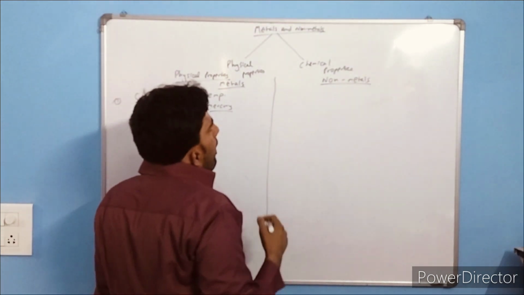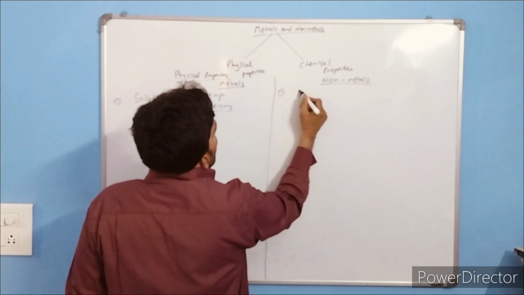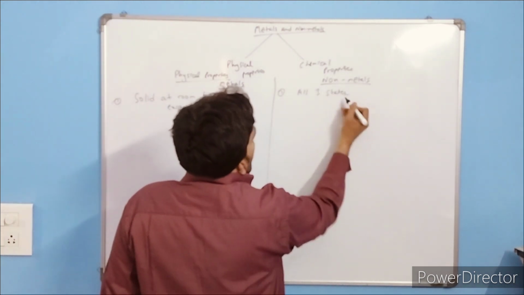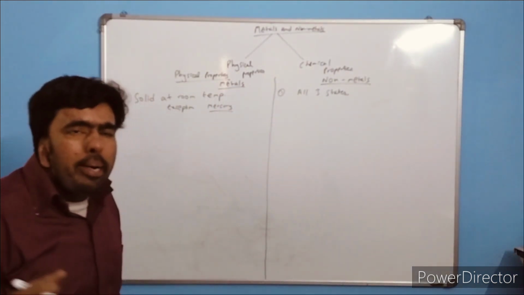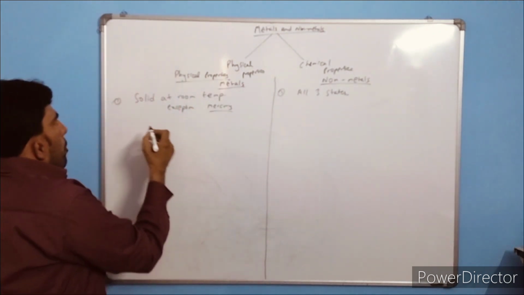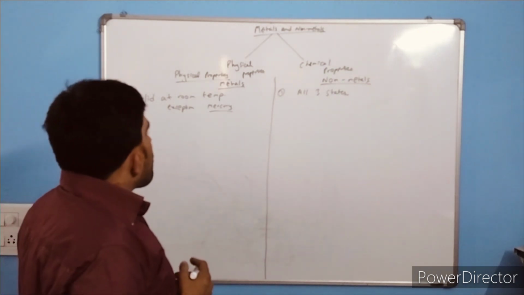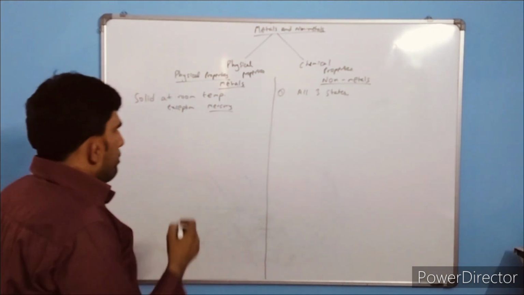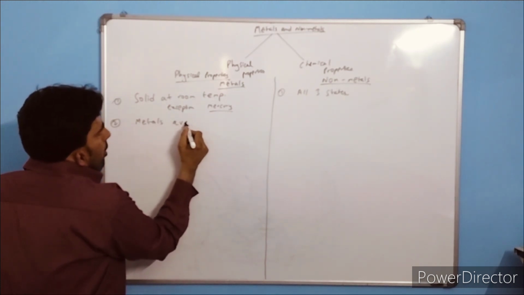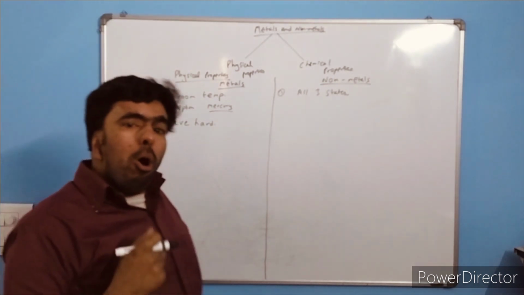Now, if I talk about non-metals, you can find non-metals in all three states: solid, liquid and gaseous form. Now, the second thing is that metals are hard, but we all know exceptions are always there.